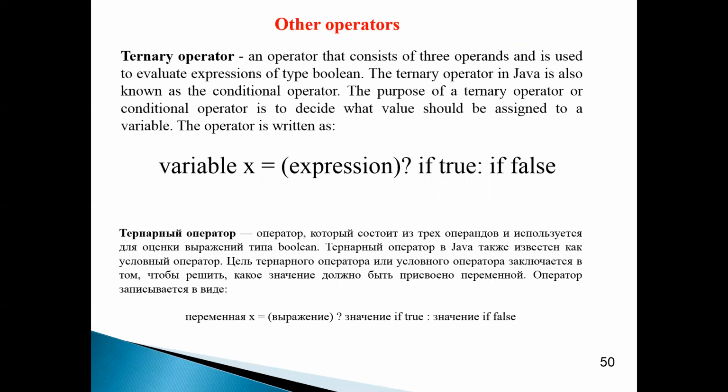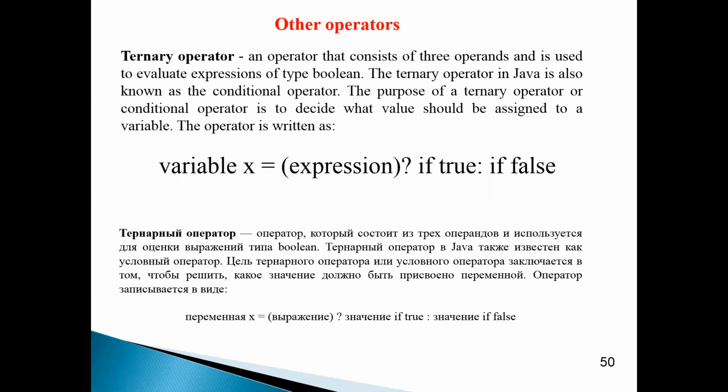Next slide, guys. Other operators. Ternary operator. What does it mean? Definition: ternary operator is an operator that consists of three operands and is used to evaluate Boolean expressions. The ternary operator in Java is also known as the conditional operator. The purpose of a ternary operator, or conditional operator, is to decide what value should be assigned to a variable.